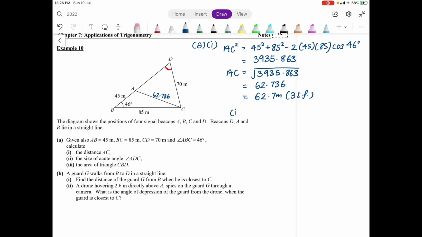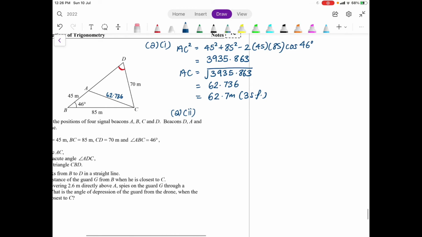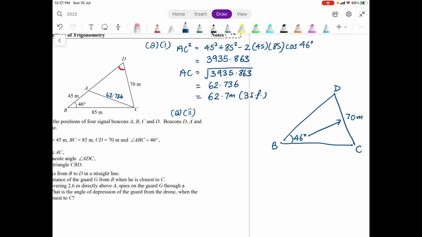So for part 2, if possible, you can draw out the big triangle, ignoring the middle, so that you know what rule you can use. I ignore the line AC. Otherwise many of you will make careless mistakes. Because if you ignore the line AC, 46 degree is actually facing 70 meters.